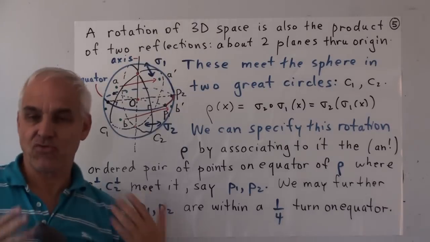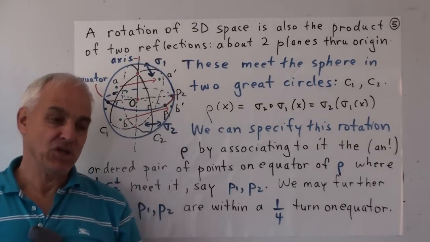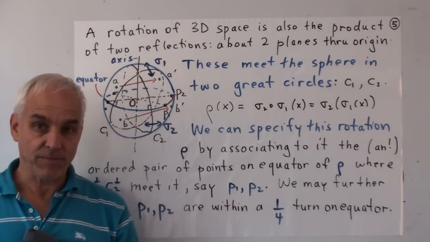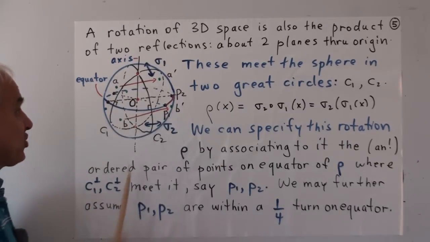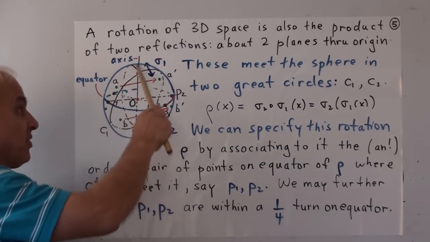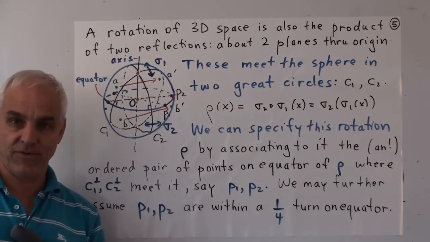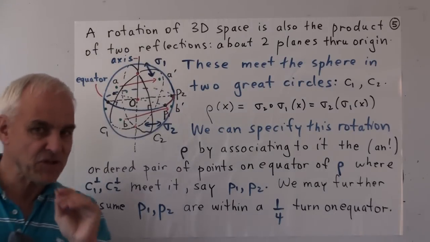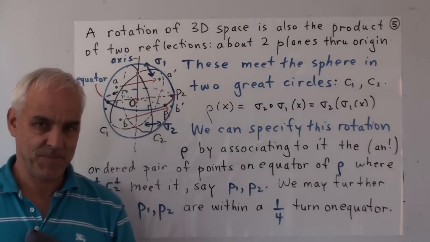So how are we going to describe geometrically that rotation? Well, one way would be to describe it by specifying the two great circles on the sphere. But there's a little bit more efficient way of doing that.